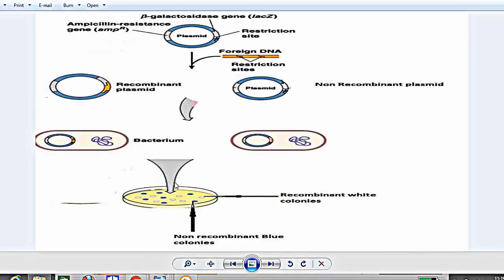In one case the recombinant plasmid is present, and in the other case the non-recombinant plasmid is present. The non-recombinant plasmid bacteria will grow but give blue colonies, and the recombinant ones will give us white colonies. So this is how we understand blue and white screening.